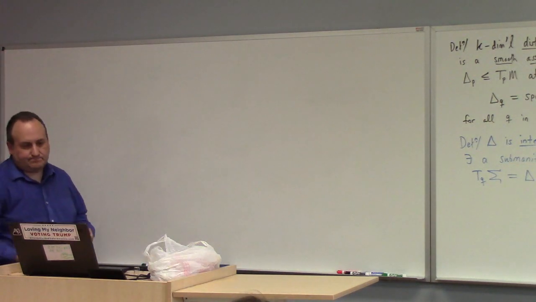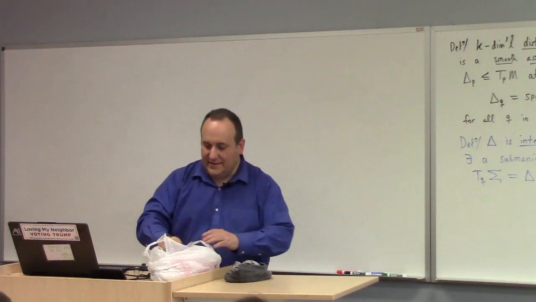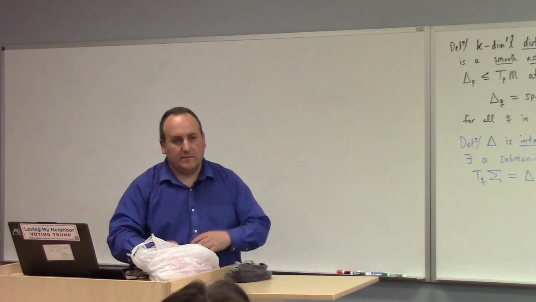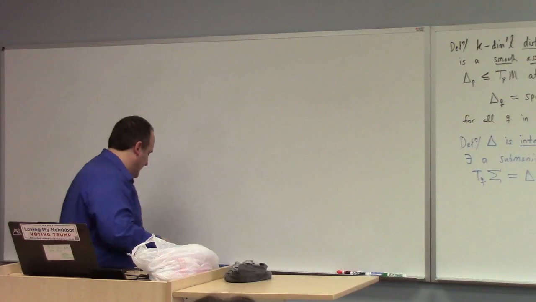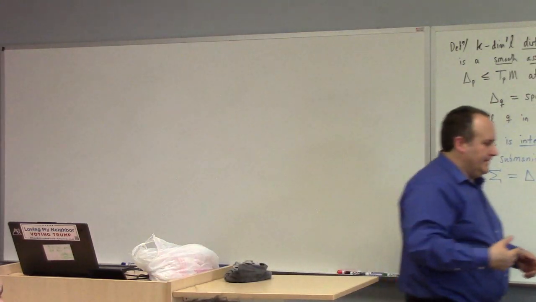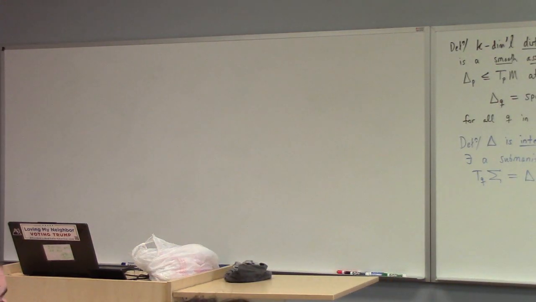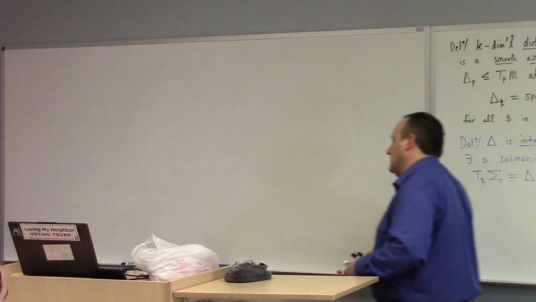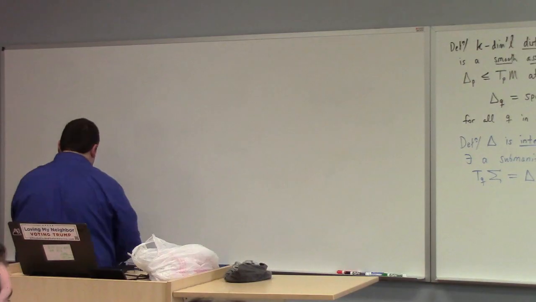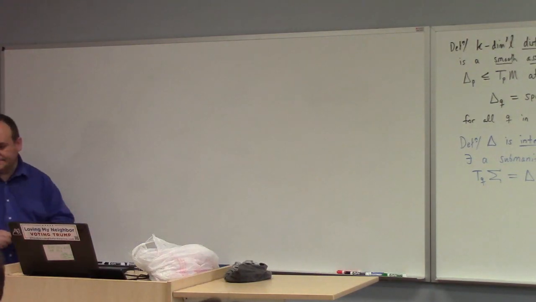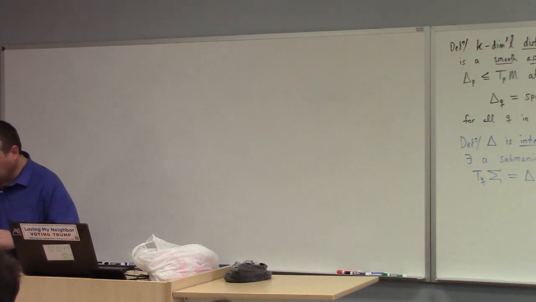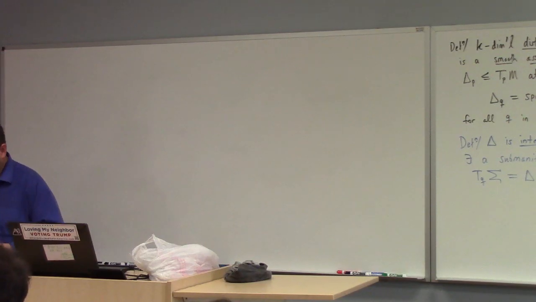All right. Okay, so this is the example that everybody goes to. It's the standard example of a distribution which is not involutive. It's probably instructive to go through this example. All right, so here it is.